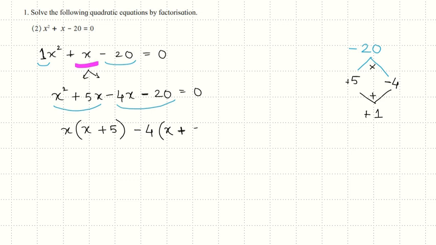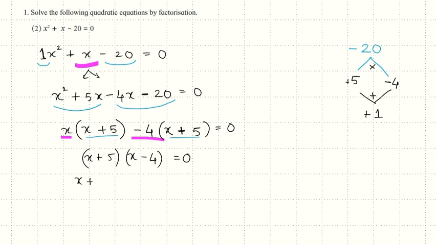4 into 5 will give us 20, and minus into plus will give us minus 20. Write down the common brackets here. The common bracket is x plus 5, and this x minus 4, x plus 5 into x minus 4 is equal to 0.